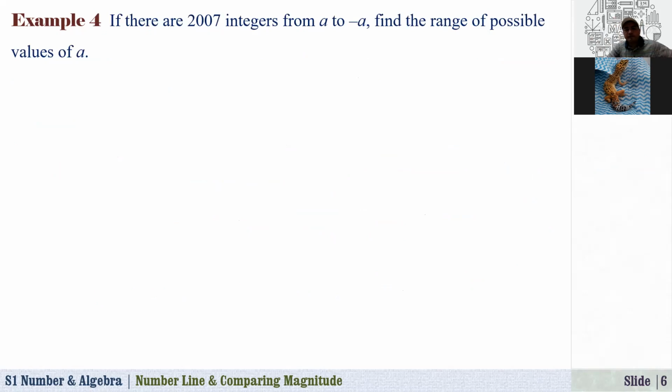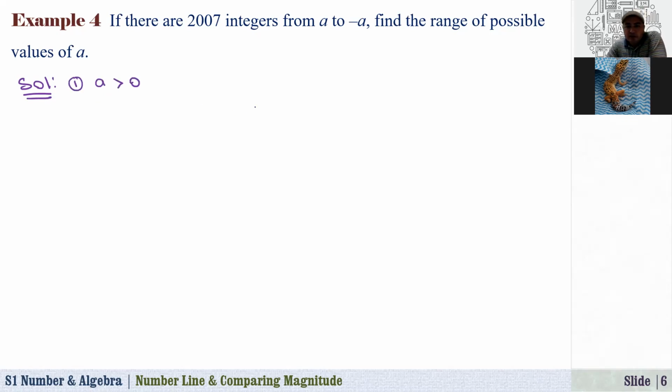Another example: if there are 2007 integers from a to negative a, find the range of possible values of a. So it says that from a to negative a, there are 2007 integers. Solution: first, suppose that a is positive.